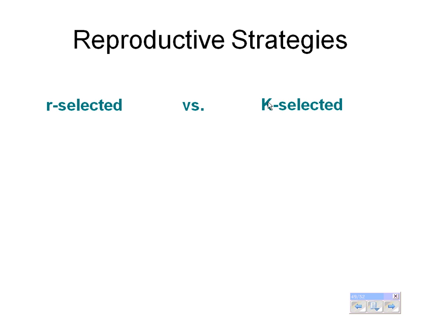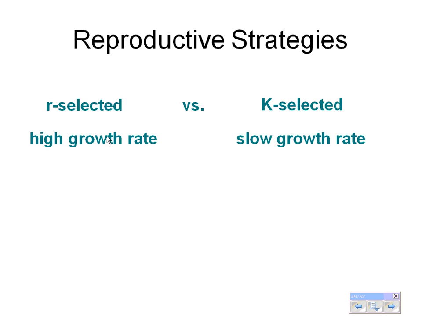So we said R selected organisms are going to have a high growth rate. Again, that lowercase r stands for or represents the growth rate. And our capital K here is going to have a slower growth rate. R selected organisms are going to have a small body size versus K, a large body size.